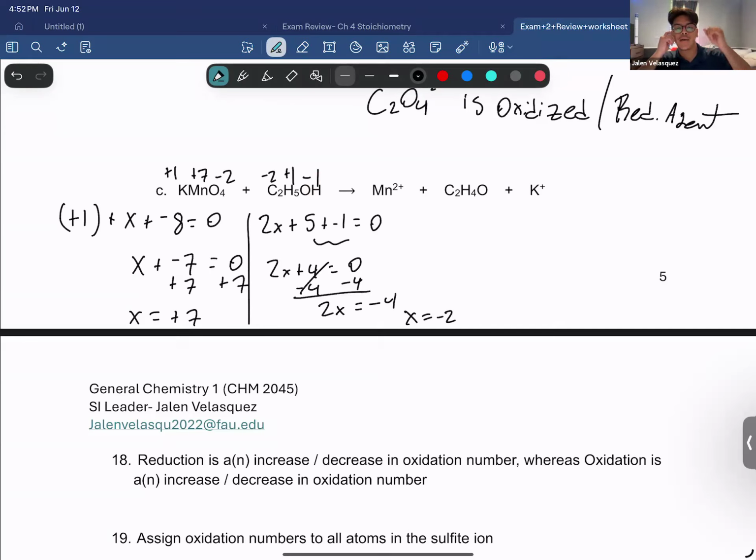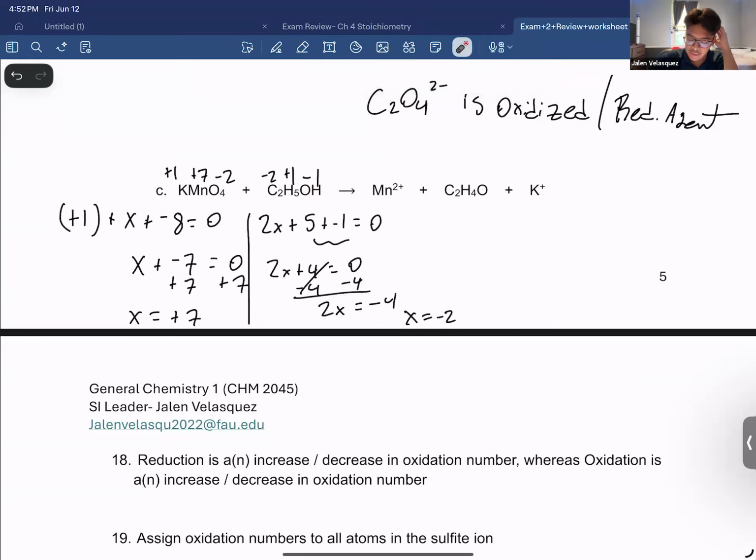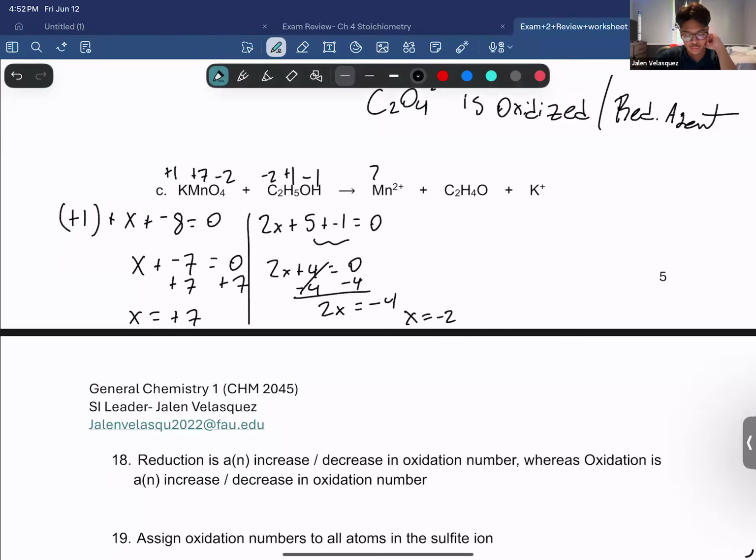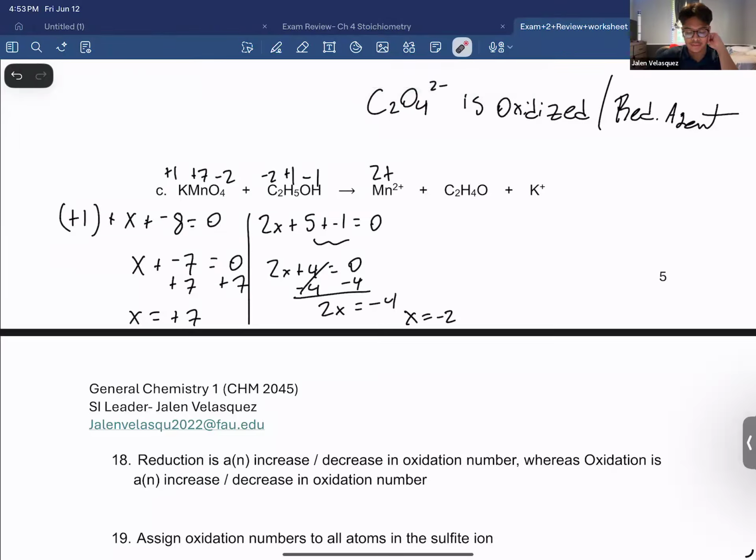Okay, then we move to the product side. I have Mn2 plus, and this is easy enough because when you have a monatomic ion, the oxidation number is just the charge of the ion, right? So Mn is just going to be 2 plus. Now again, in C2H4O, we have to figure out what carbon is.